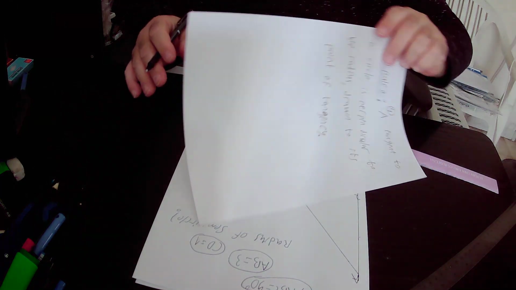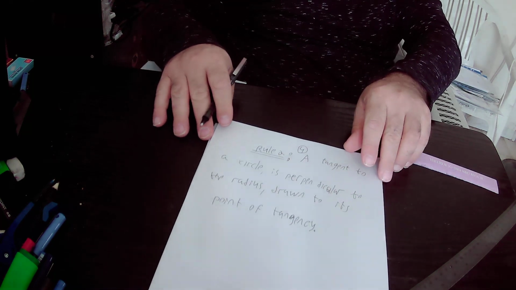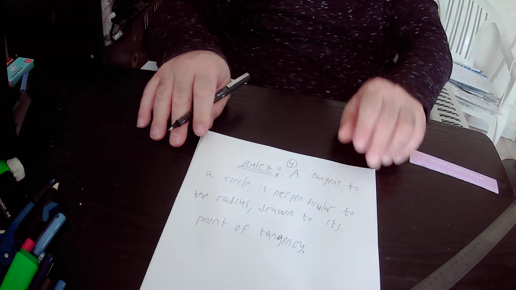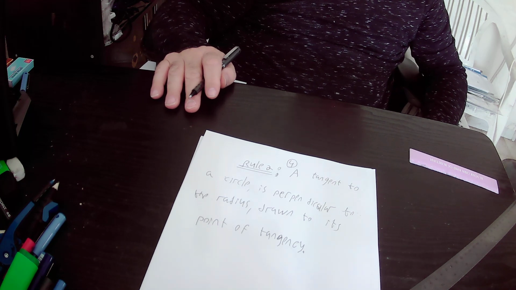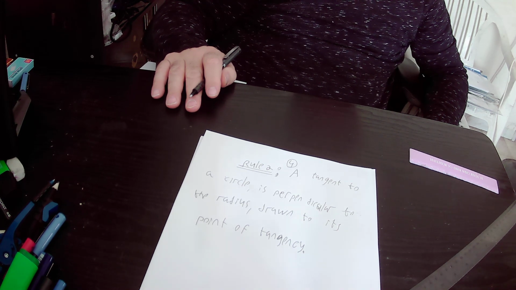I will read rule number 2 again. A tangent to a circle is perpendicular to the radius drawn to its point of tangency.